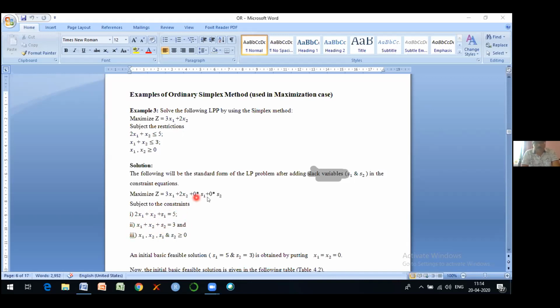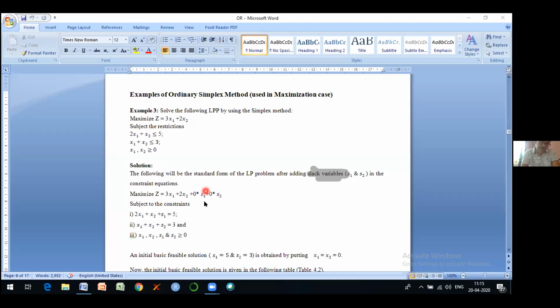But in the objective function, we do not require any constraint. Why? Because it is already in the equal form: Z equal to 3x1 plus 2x2. So we are also representing these slack variables s1 and s2, but their coefficient is 0.